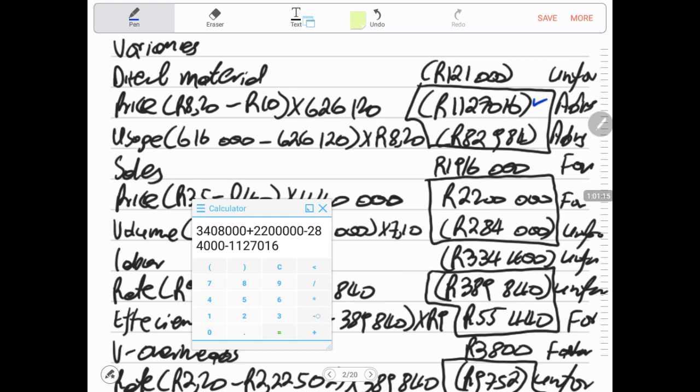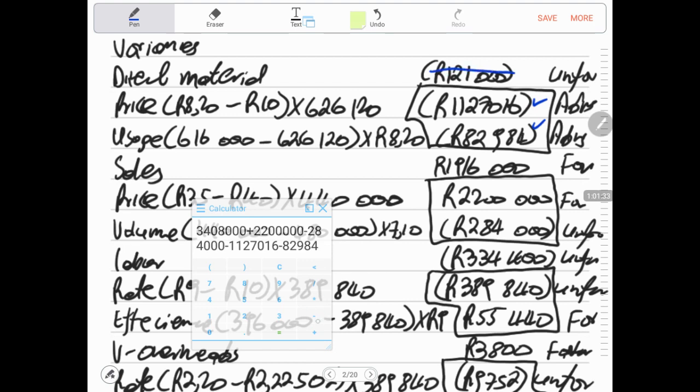Next one is minus 82,984. Yeah, these two variants were supposed to be added together. I'm noting that one now.